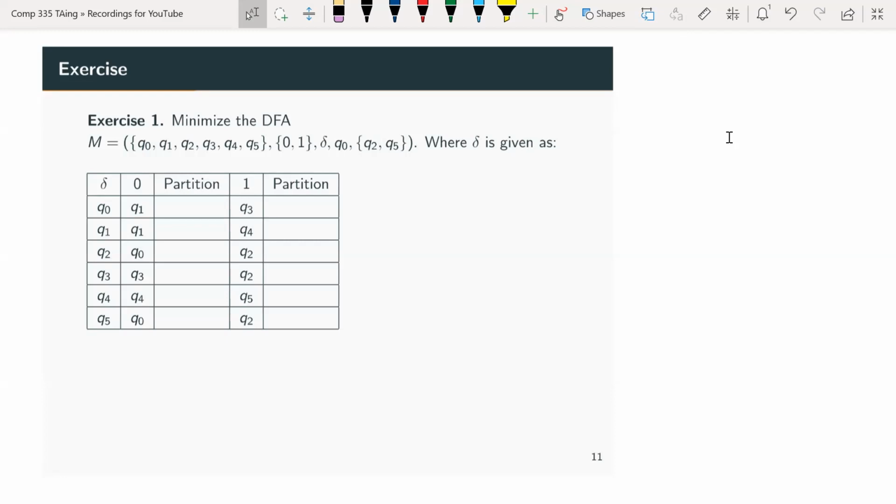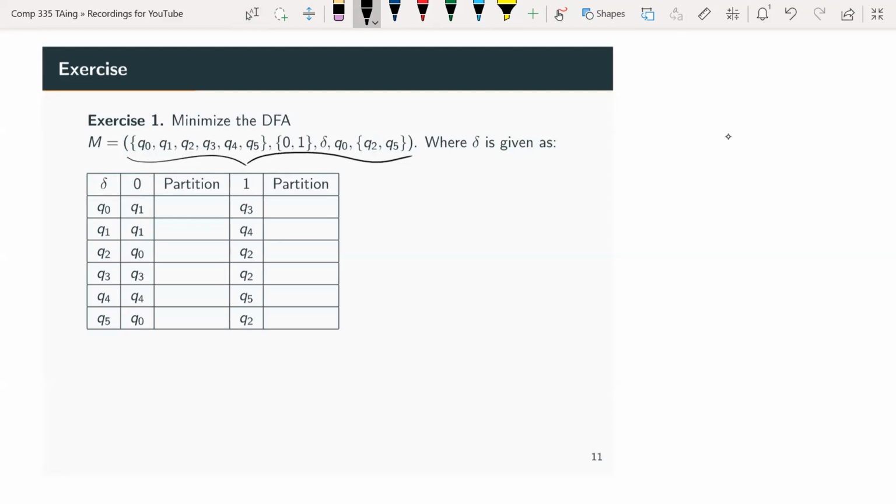So we want to minimize the DFA M. Here we don't have a drawing of the DFA, we only have the tuple description. And that's on purpose, because if you have the actual drawing of the DFA, then it's easier for you to do it in table form.